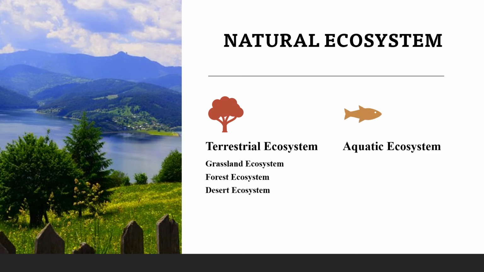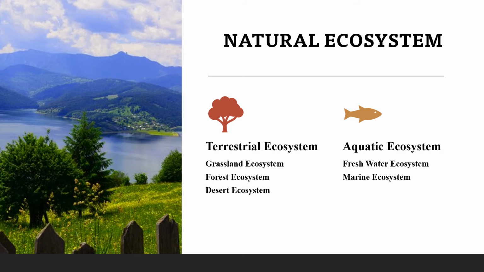The second classification under natural ecosystem is aquatic ecosystem. This ecosystem is related to water. It is further subdivided into two types based on the salt content: freshwater ecosystem and marine water ecosystem. Freshwater ecosystem is again divided into two types. The first one is running water ecosystem, with examples such as river, stream, or small narrow rivers.